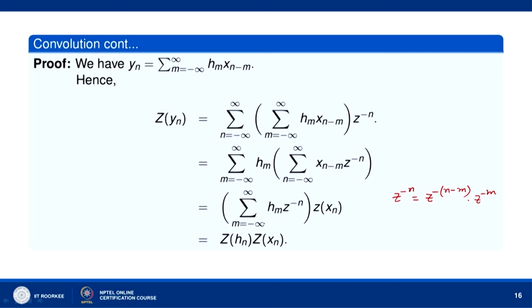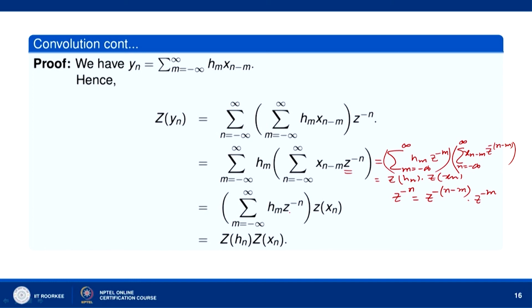So, this will be equal to the sum over m from minus infinity to infinity of h[m] z to the power minus m, and then the sum over n from minus infinity to infinity of x[n minus m] z to the power minus (n minus m).